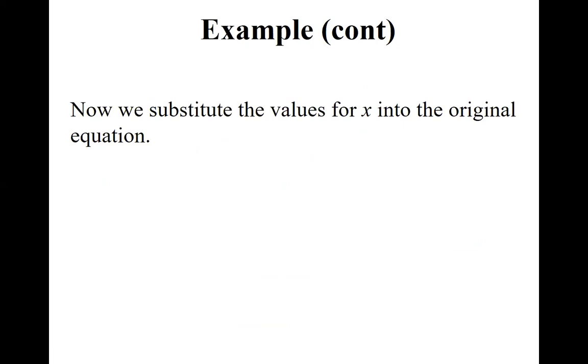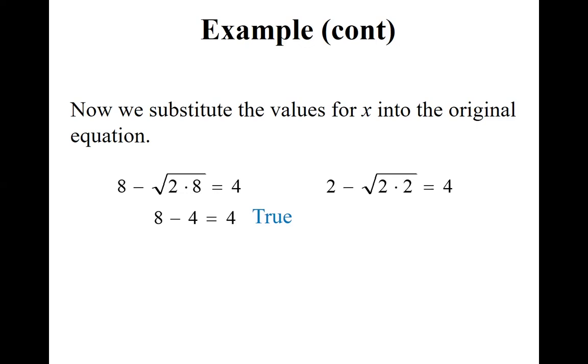Now we substitute the values for x back into the original equation. When we check 8: 8 minus the square root of 2 times 8, 8 minus the square root of 16, 8 minus 4 equals 4. That's a true statement. When we check 2: 2 minus the square root of 2 times 2 equals 4.